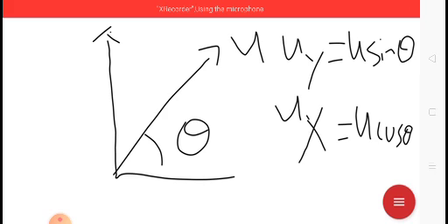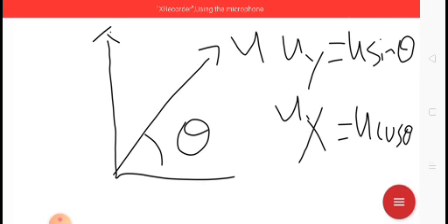When you have these two, you may consider the scenario as a vertical and a horizontal component, so we can separate them into two components.